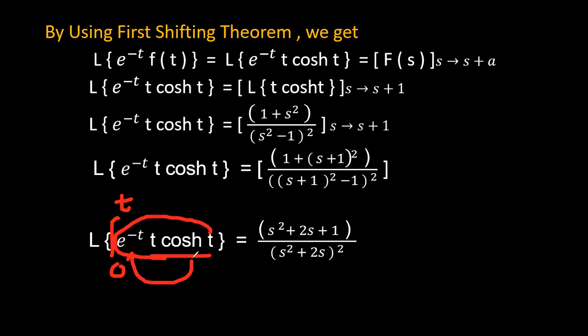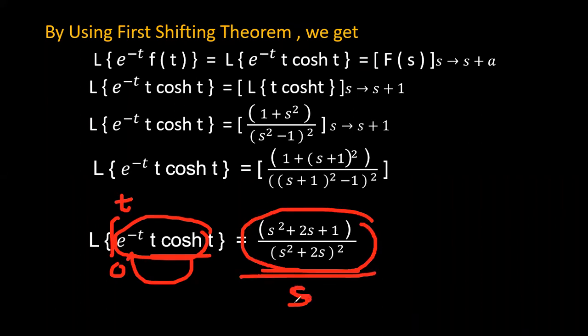Then for this whole function, you have to apply the Laplace transform of the integral of a function. Since we have only one time integration, after simplification you just have to divide the whole function by s.